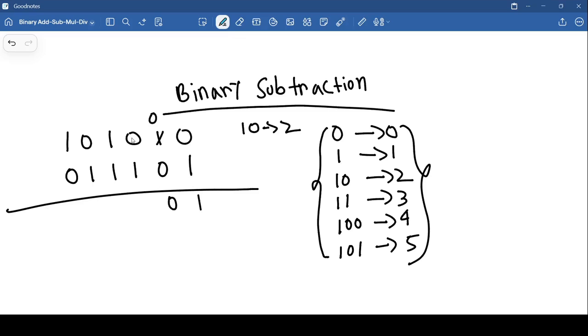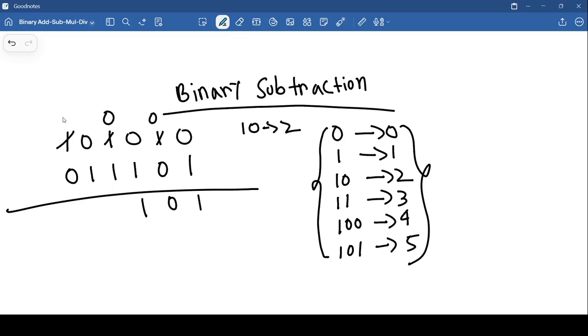And here again, we will follow the same step. It will borrow 1 and it will become 10, and 10 in decimal is 2. So 2 minus 1 is equal to 1. And again here it's 0. So it will take borrow from the next number, but the next number is 0. So it will go to the next number and borrow from him.